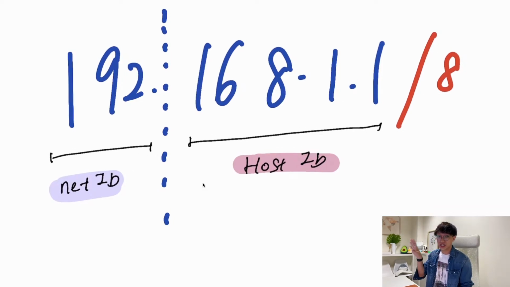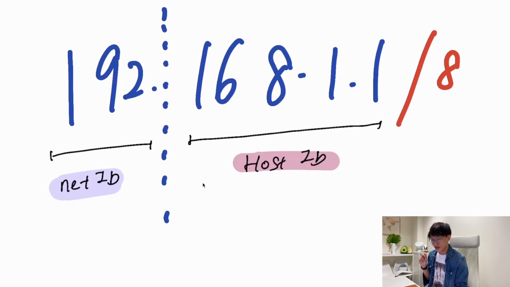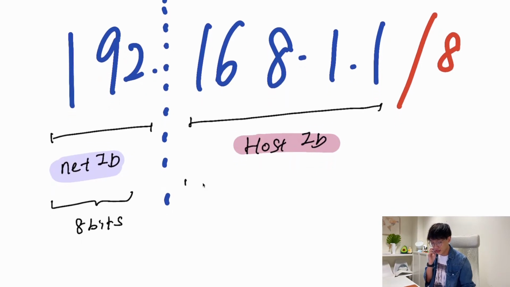Now, in this /8, you can see that you have only a very small network ID. This one is 8 bits, and here is 24 bits.